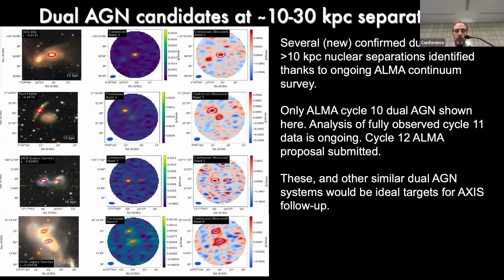Now, what I'm going to claim is that these are very interesting targets to follow up with AXIS, because, as I say, I was mostly talking about candidates, and confirming that this emission is due to two AGN requires X-ray observations like the ones that AXIS can provide.